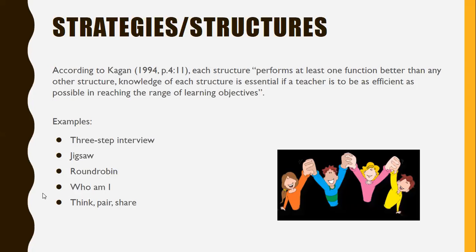And you have another one that is Think-Pair-Share, which is similar to the three-step interview, where students have some time to think about the thing they are going to talk about. Then they get together in pairs, and finally they share the information with the rest of the group.